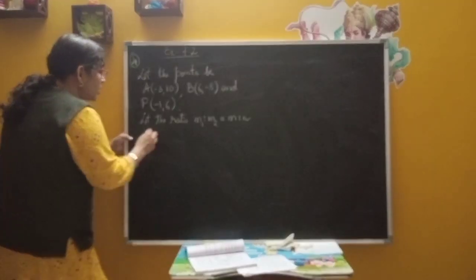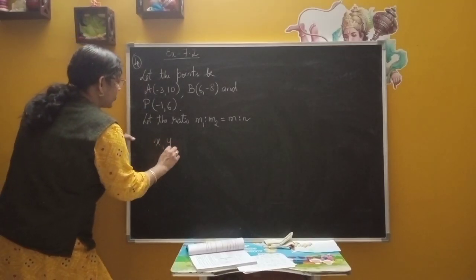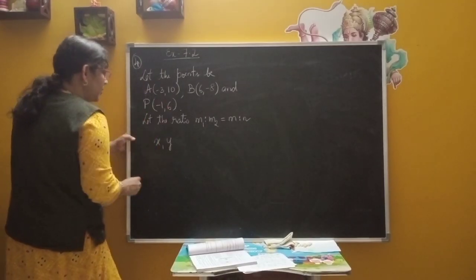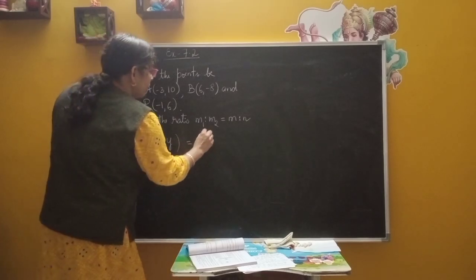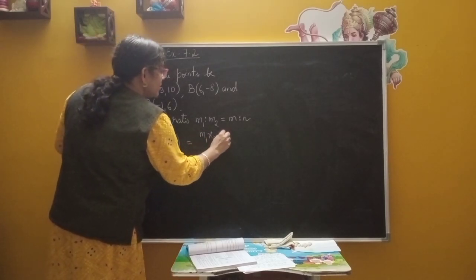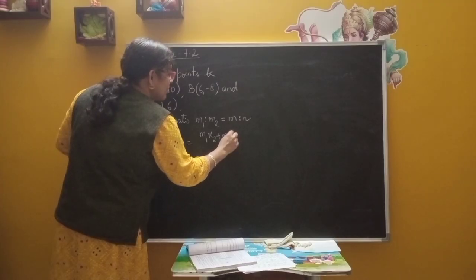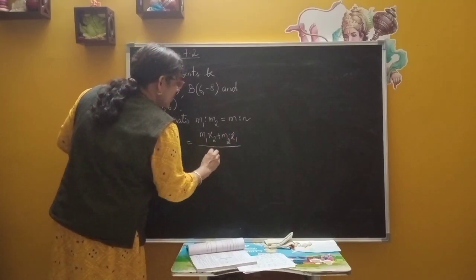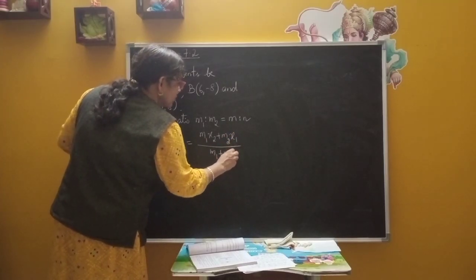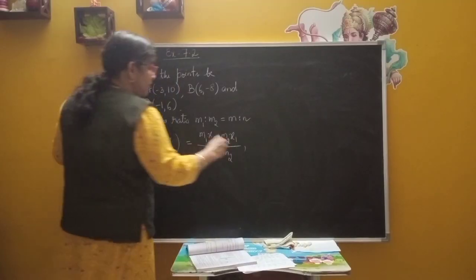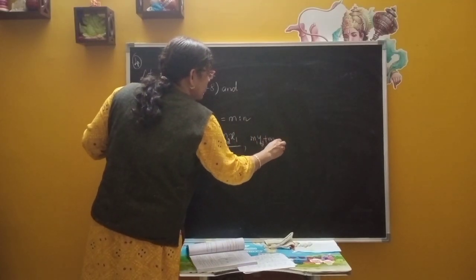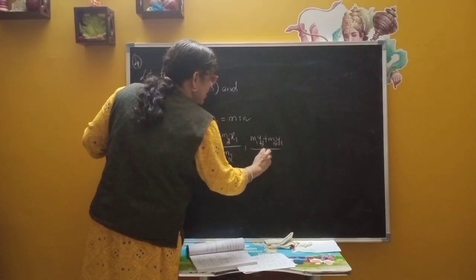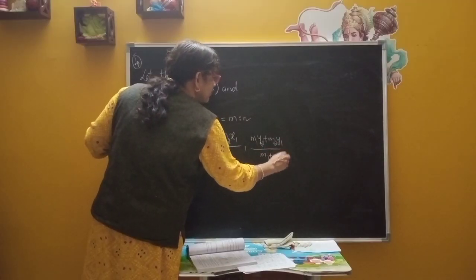What is the formula? The coordinates of point P, (x, y), are x equals m1 x2 plus m2 x1 divided by m1 plus m2, and the y coordinate is m1 y2 plus m2 y1 by m1 plus m2.